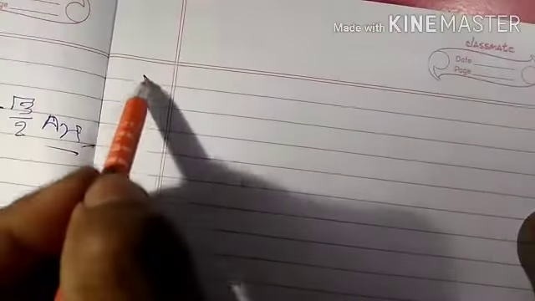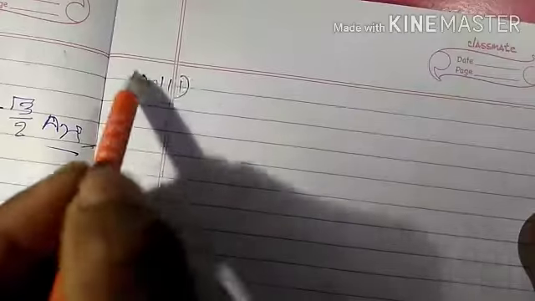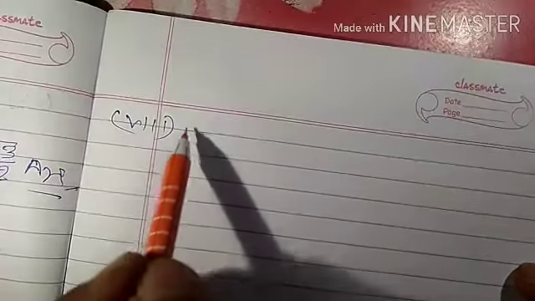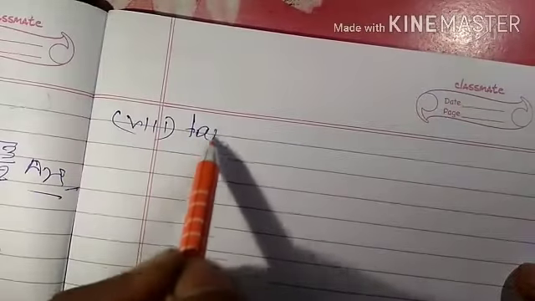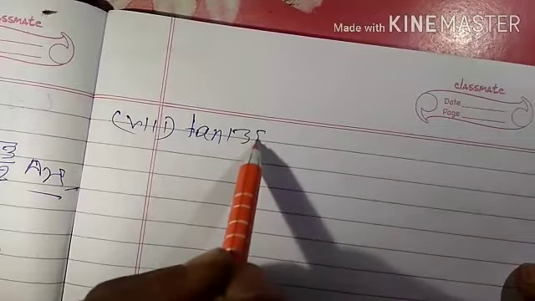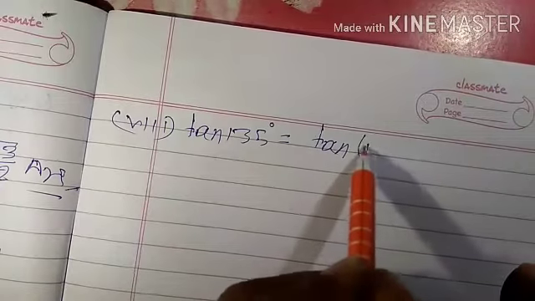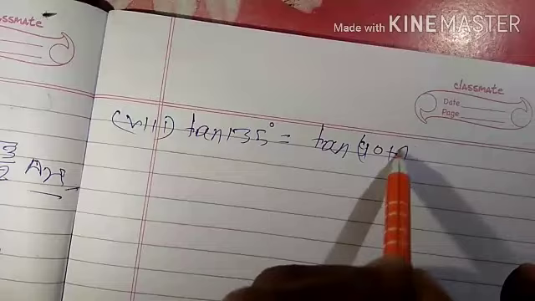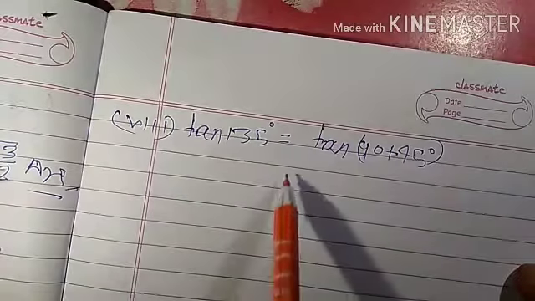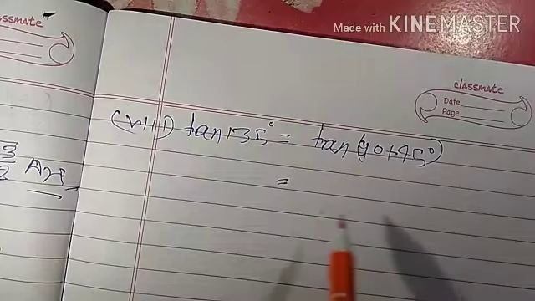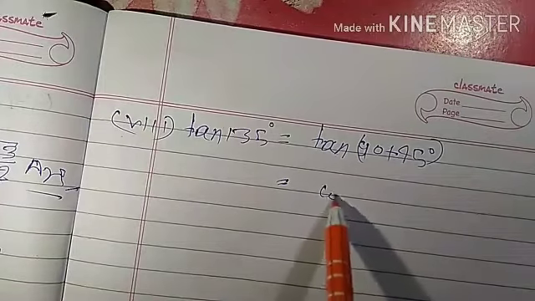Next question, number 8: tan 135 degree. We can write tan (90 plus 45) degree. For 90 plus theta, the function is changed, so tan theta is changed into cot theta.